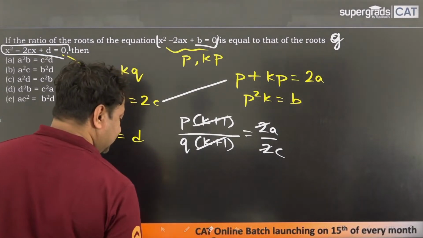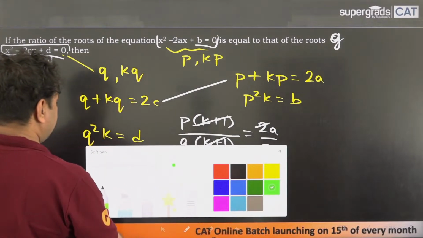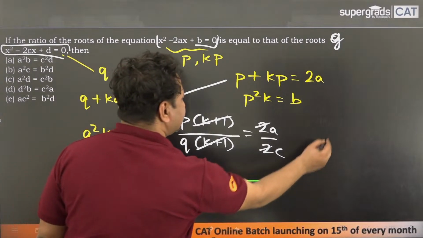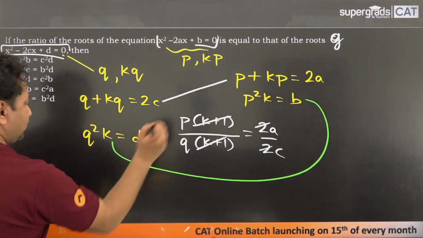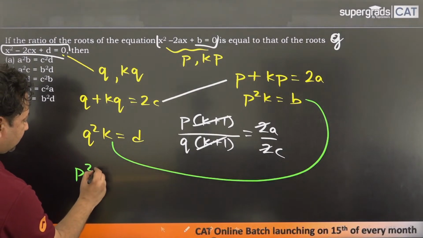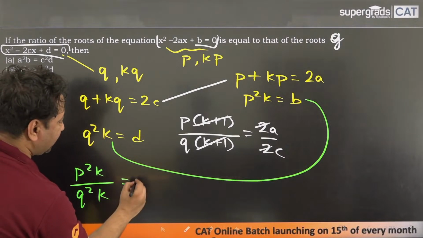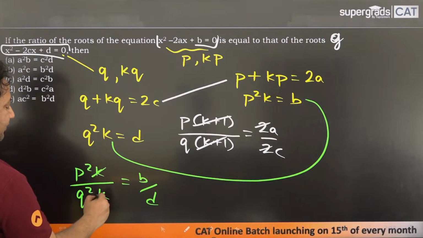Similarly, we can do one more thing. If I try to solve this and this, I'll use green ink over here. And again, I divide. So p square k upon q square k will be equal to b upon d. Here you can see that k and k get cancelled.